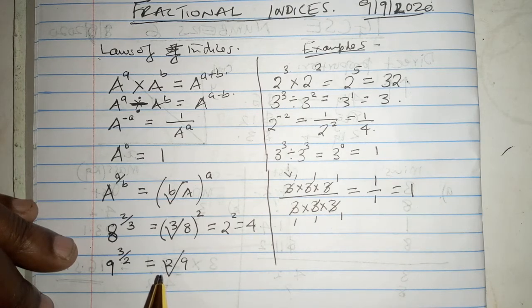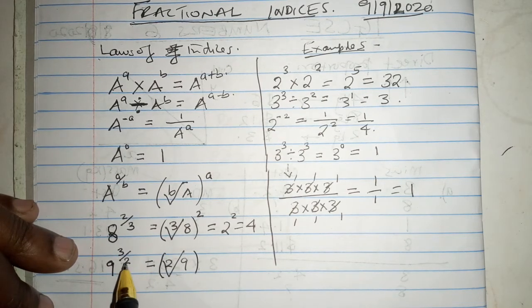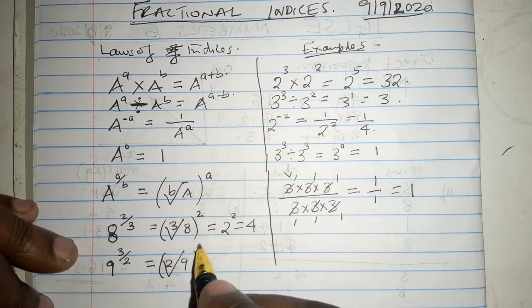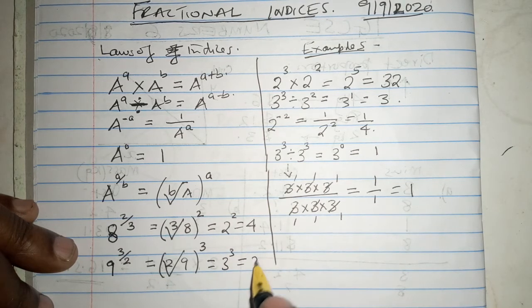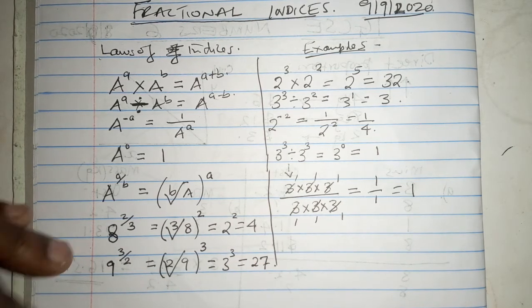But when we are dealing with another root of any other number, it is important to indicate that number there. The square root of 9 is 3, and that 3 is raised to power 3. So within the bracket, we get 3 raised to power 3, which is basically 27.